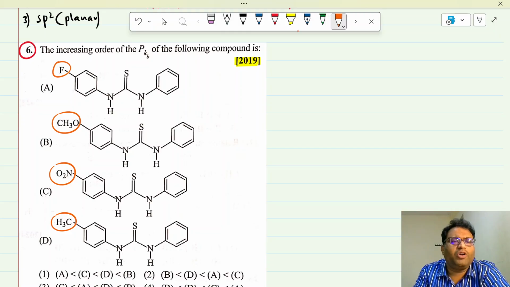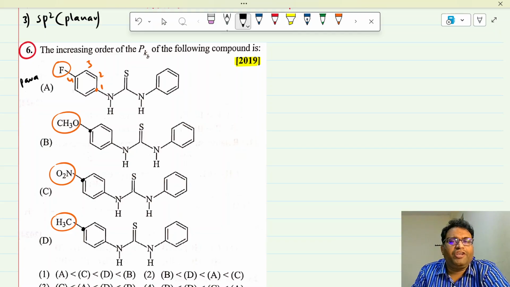In molecule A, you have fluorine at, let us take 1, 2, 3, 4, the 1, 4 position, which is called the para position. At the para position, we have fluorine. Here at the para position, we have methoxy. Here, nitro. At the para position, we have a methyl group.